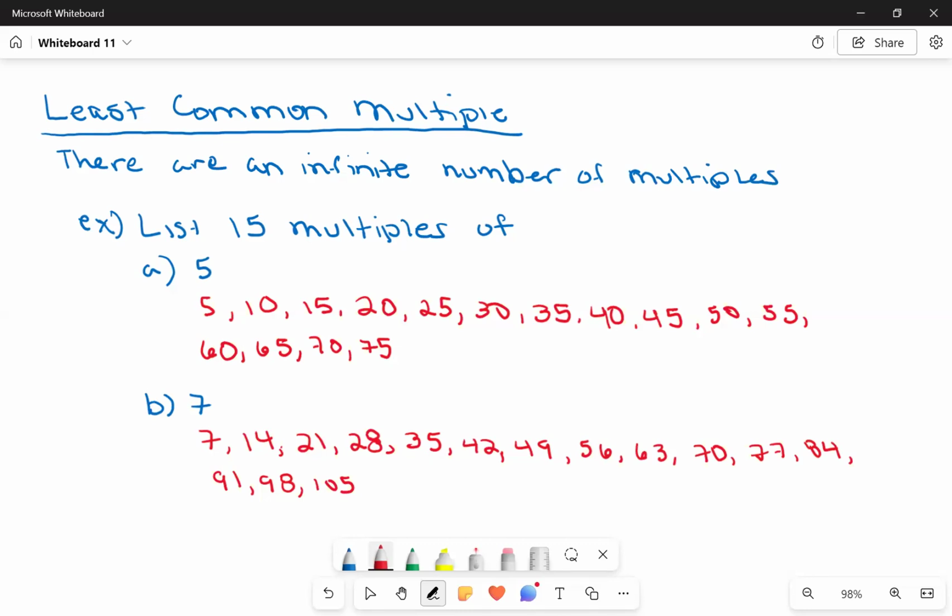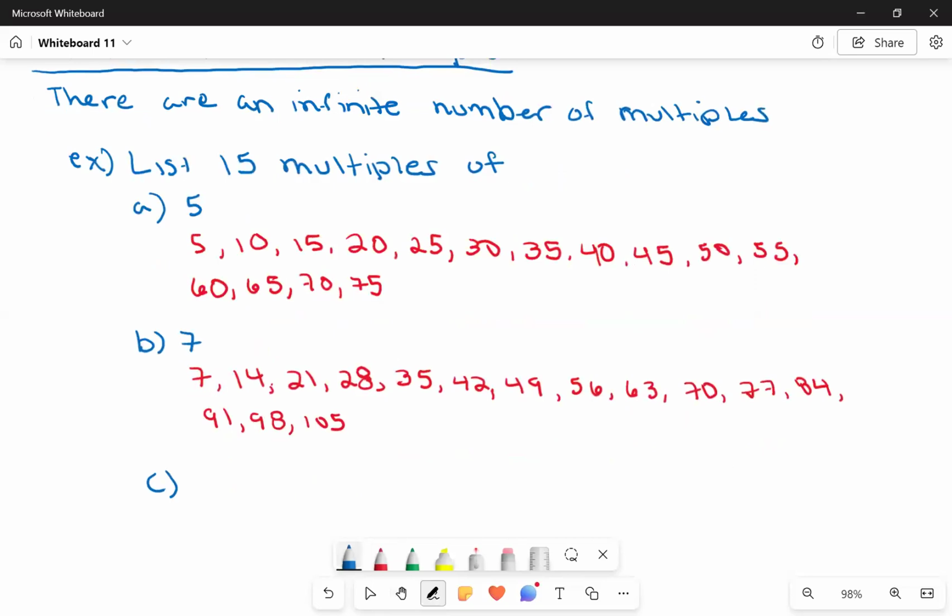So if I wanted to find common multiples, I'm looking for numbers that are multiples of both 5 and 7. So let's do that. Let's say I'd like to find common multiples for 5 and 7. This will be part C. List some common multiples.